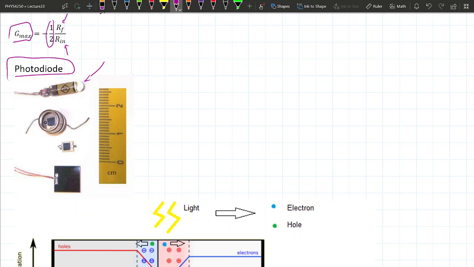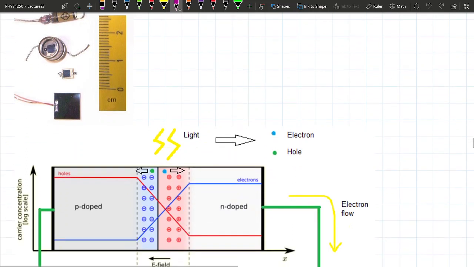The way it works is that whenever light reaches the depletion region in your PN junction, they made it so that this part of your PN junction is exposed to light as opposed to covered up. When light reaches it, it will liberate, basically promote, either an electron or a hole to a higher energy level.